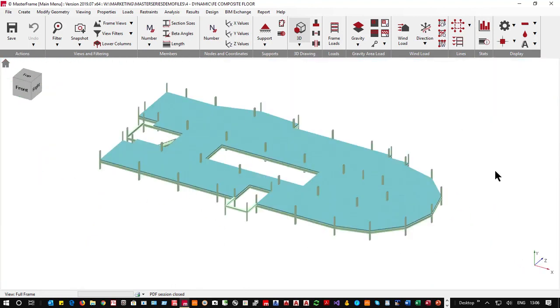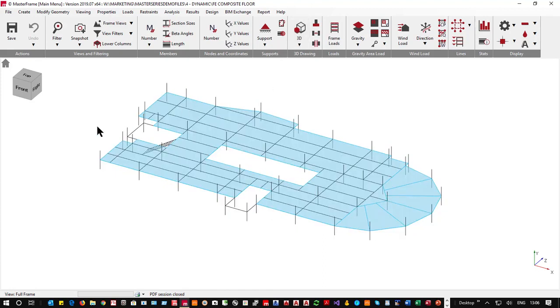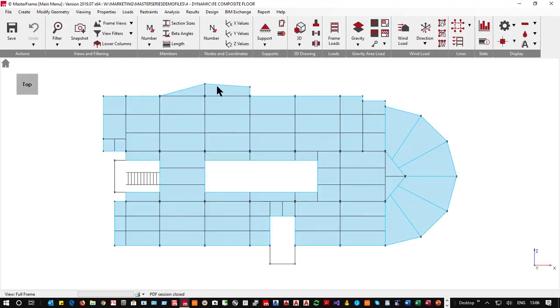First thing to note is that while it's a composite floor, we have analysed it as a finite element slab, and that is as recommended in the P354. The second thing we will note when we turn off the 3D, for those who are familiar with our software, is that it is not pinned.